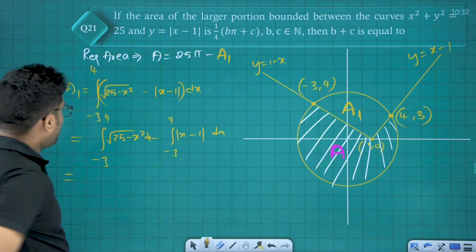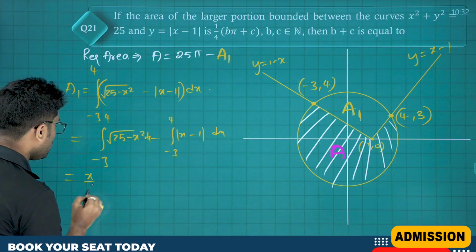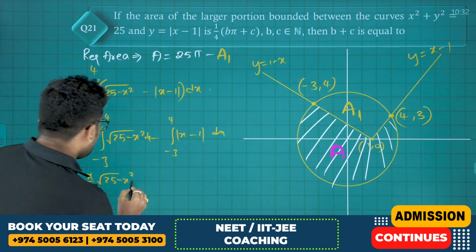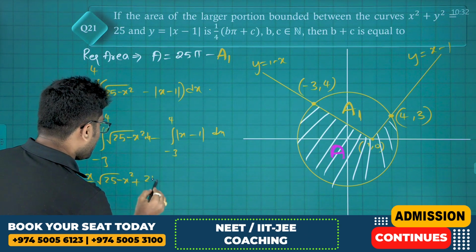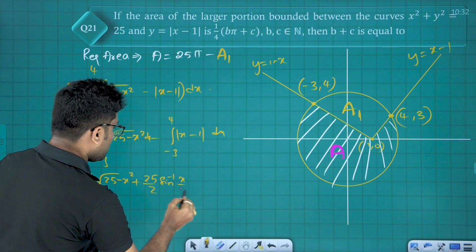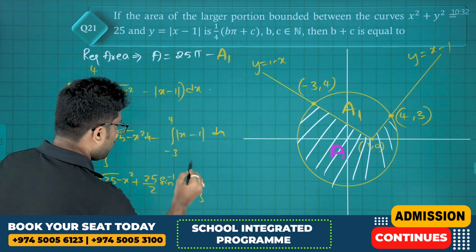Now the integral of root over a square minus x square is x by 2 into root over 25 minus x square plus a square by 2, that is 25 by 2, into sine inverse of x by a, sine inverse of x by 5, from minus 3 to 4.